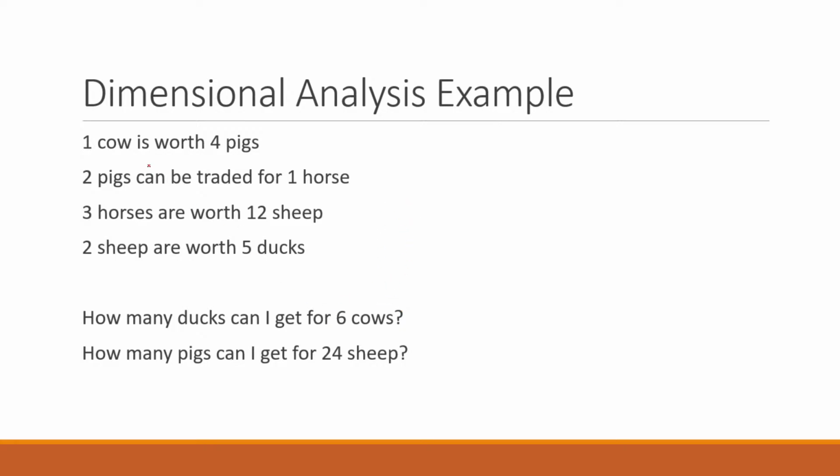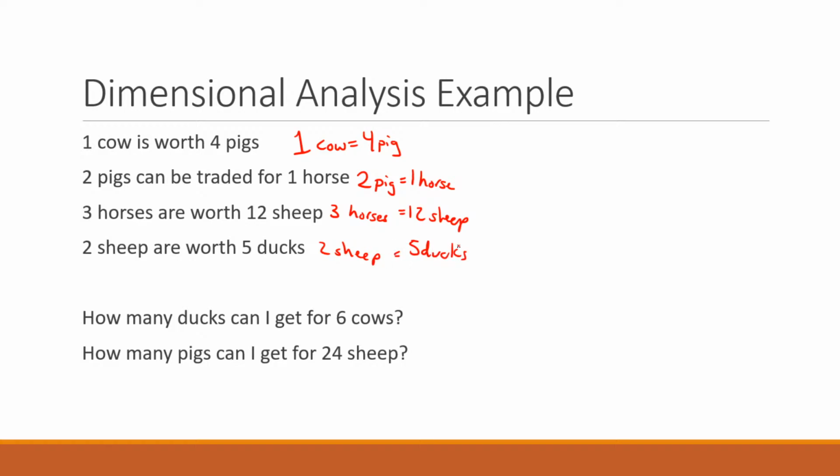If I'm going to convert using these equalities: 1 cow equals 4 pigs, 2 pigs equal 1 horse, 3 horses equal 12 sheep, 2 sheep equal 5 ducks.